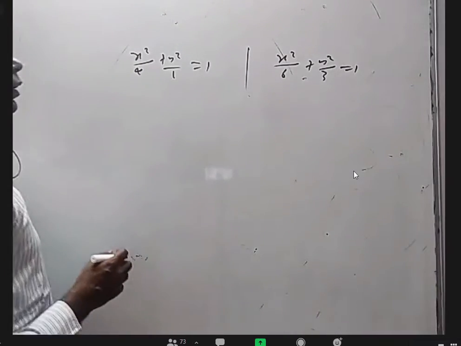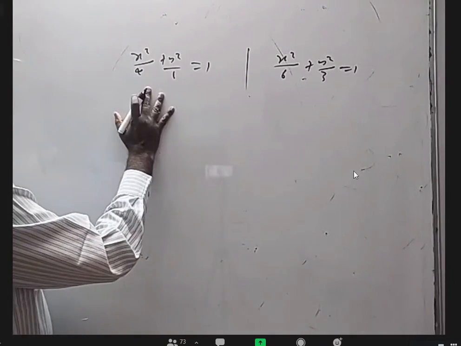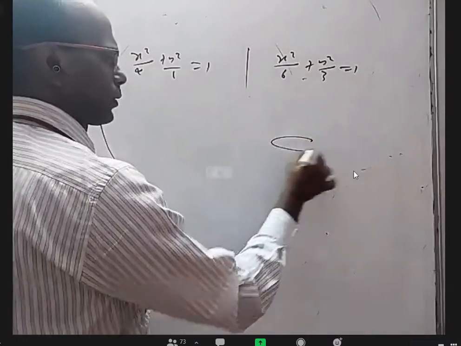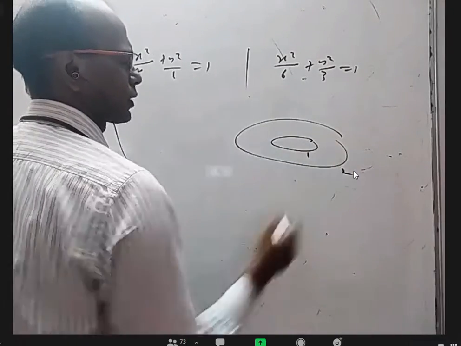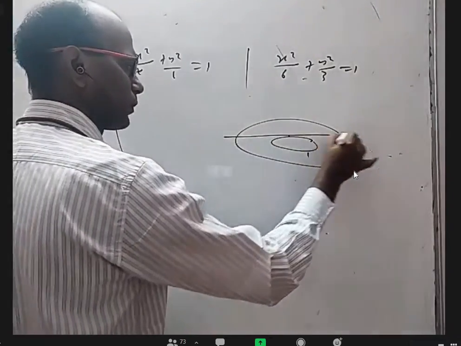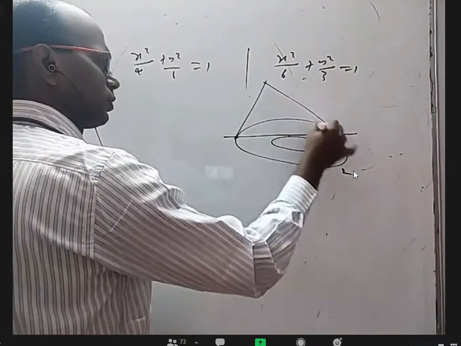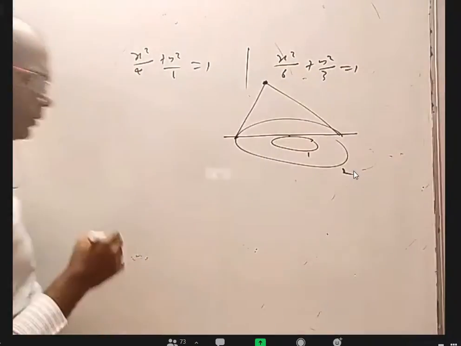This is the smaller ellipse, that is the bigger ellipse. This is the first one, this the second one. So I have to take a tangent to this and then draw tangents. So I have to find the locus of this point.